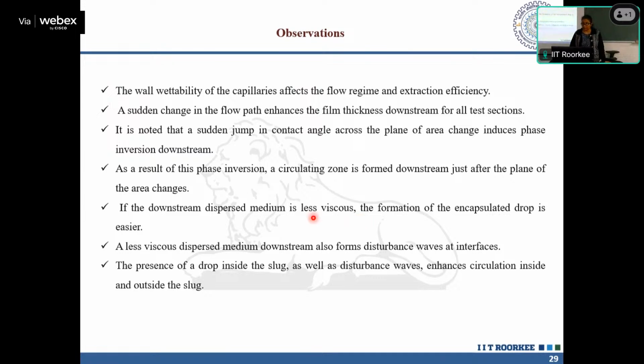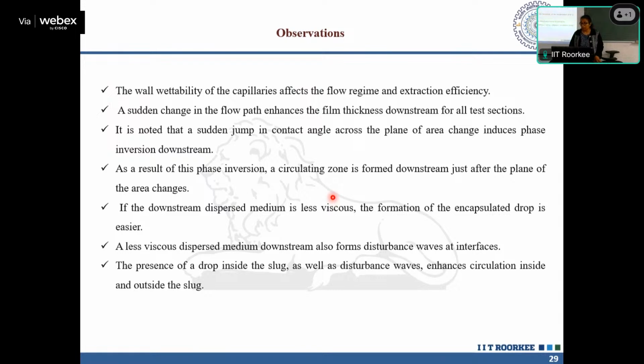So two things we have done. One is the phase inversion. Second is the circulation zone that we have observed due to this phase inversion. This circulation zone is not there when we don't have this kind of phase inversion.